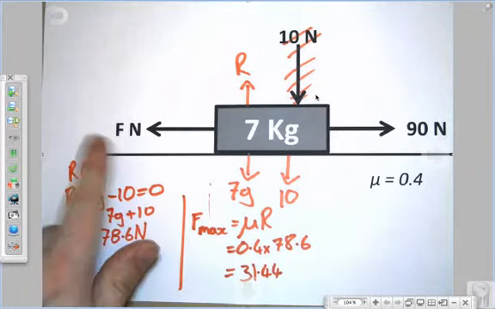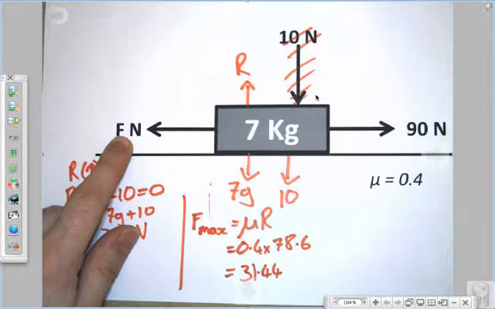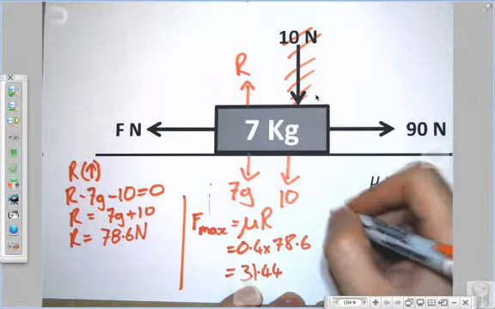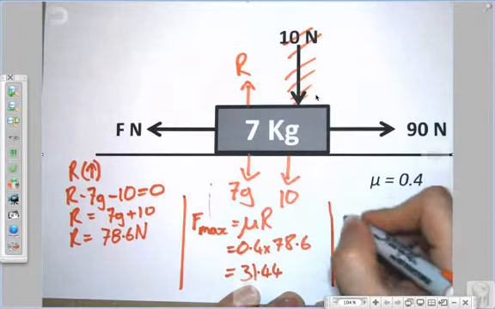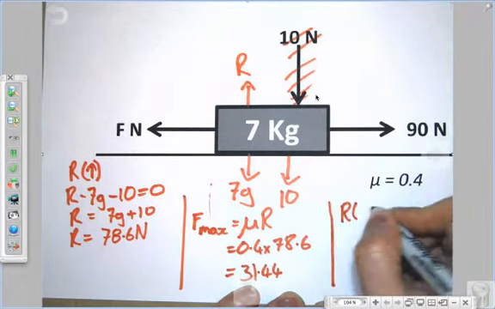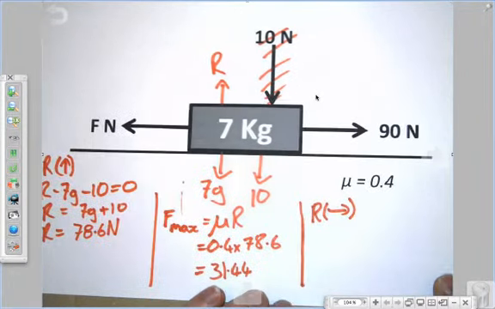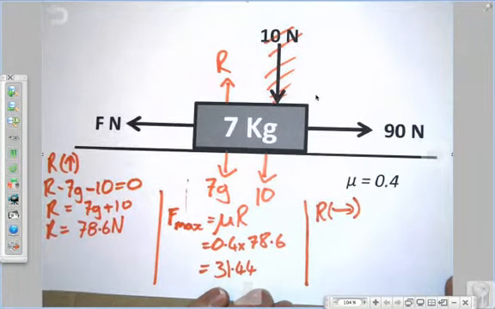Now you can clearly see that if that's F max, we have a much bigger force pulling, so we are going to have an acceleration. So what we now have to do is resolve horizontally. This time we're going to be using Newton's second law, because there is an acceleration.